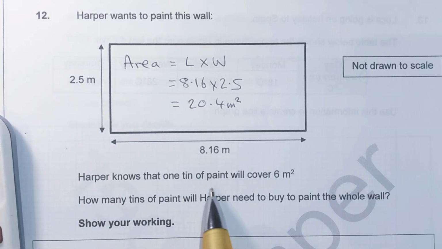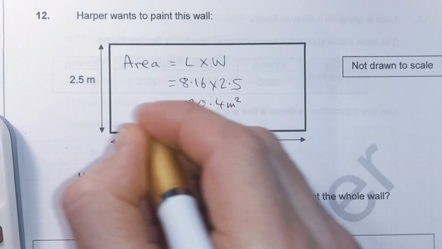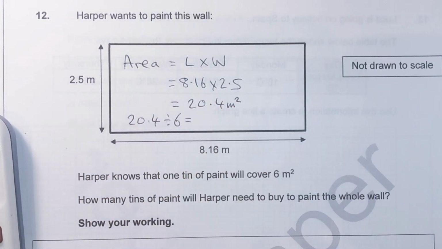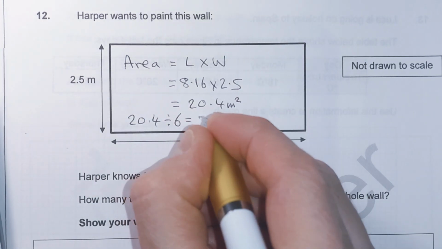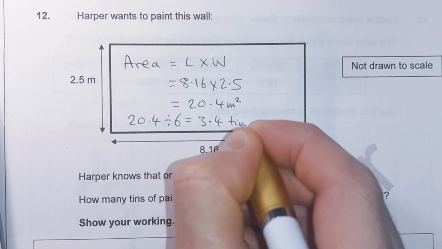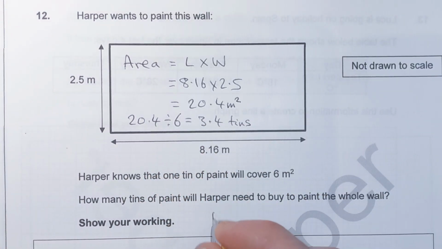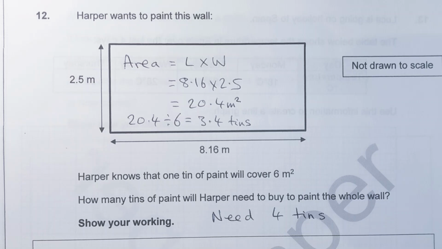Right, Harper knows 1 tin of paint will cover 6 metres squared, so if we do 20.4 divided by 6, this is going to tell us how many tins we need. 3.4. So 3.4 tins, but you won't be able to buy 0.4 of a tin, so we're going to need to go to the next whole number of tins, which is 4.